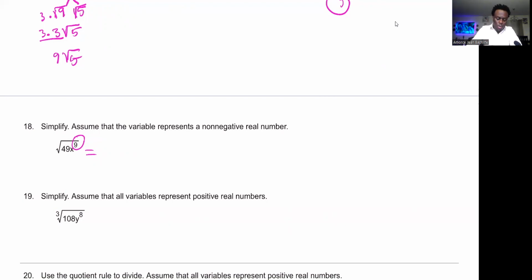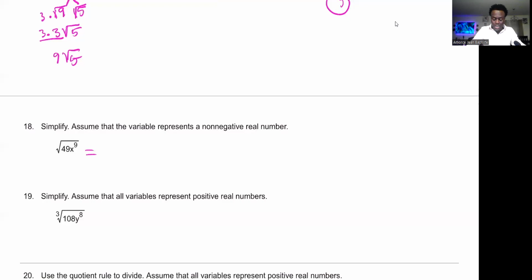So the variable will be separated into a power of the number of times the index goes into the exponent on the outside, and then a part where the variable will take the exponent of the remainder of this division, but that goes on the inside.